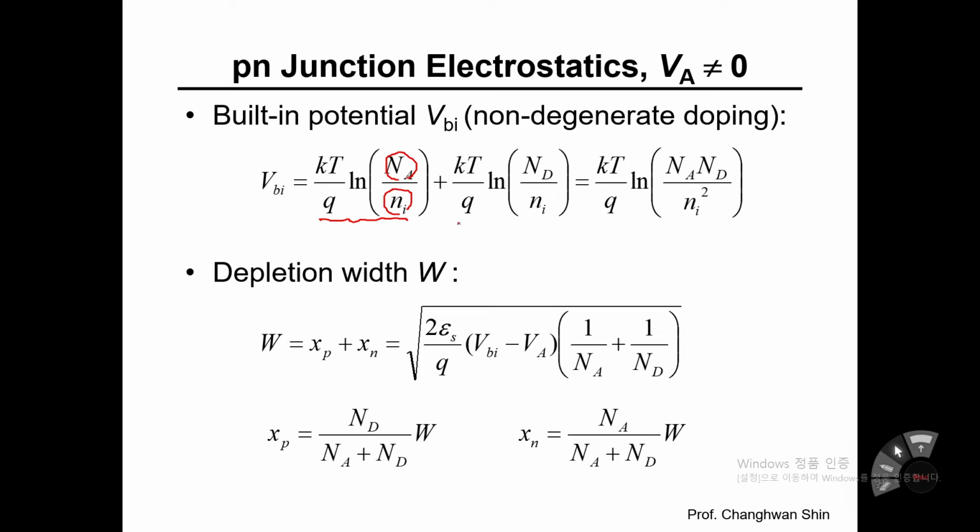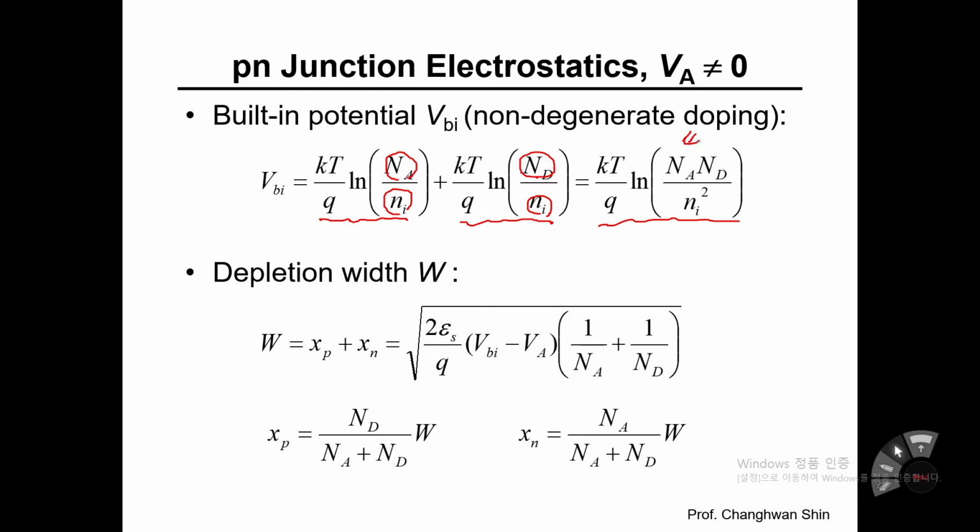The other term is kT over q times ln of the doping concentration on the N side, instead of the P side, divided by n sub i. So we can have the comprehensive equation for the built-in potential VBI, as shown here.